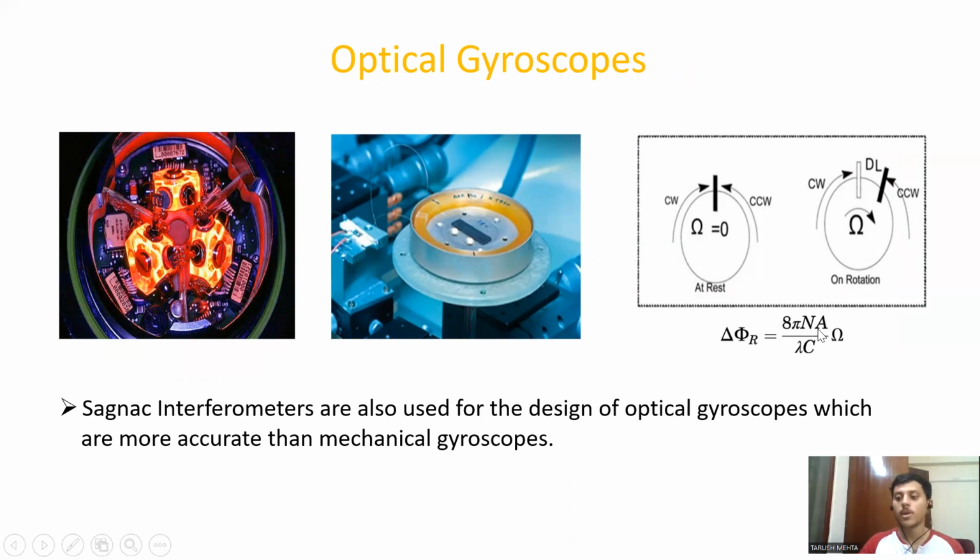So this concept of measuring the angular velocity can be exploited, and Sagnac interferometers can be used for the design of optical gyroscopes, which are in some form much more accurate than the old mechanical gyroscopes.